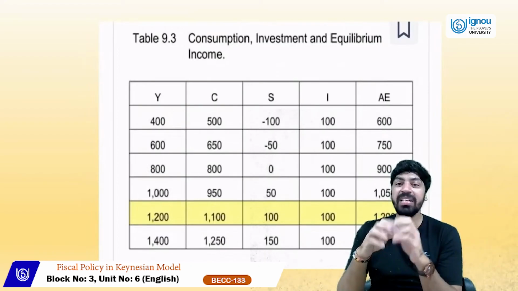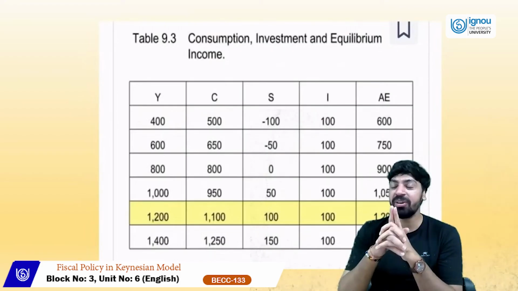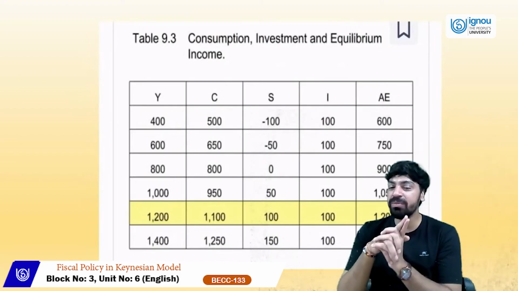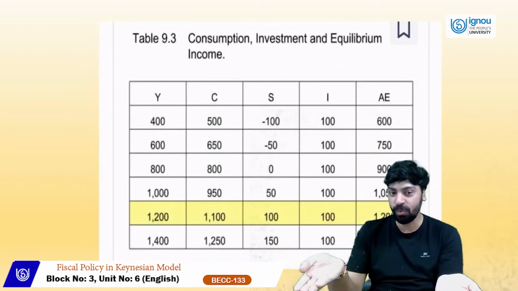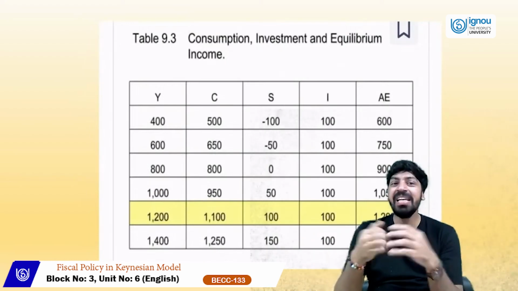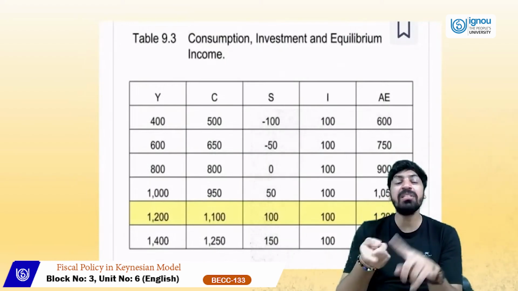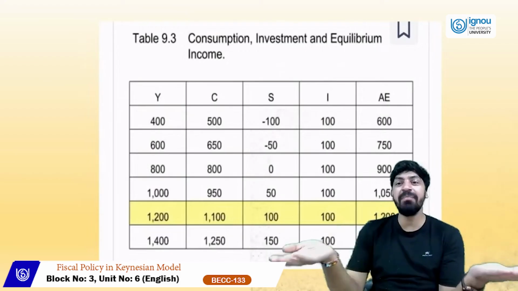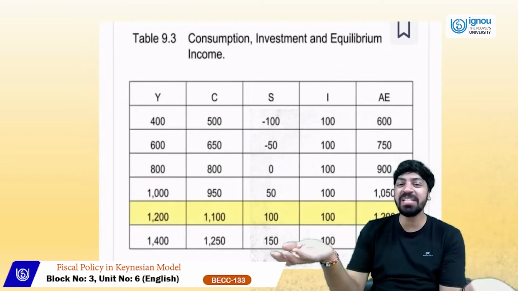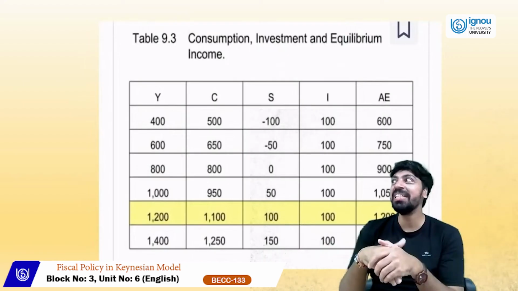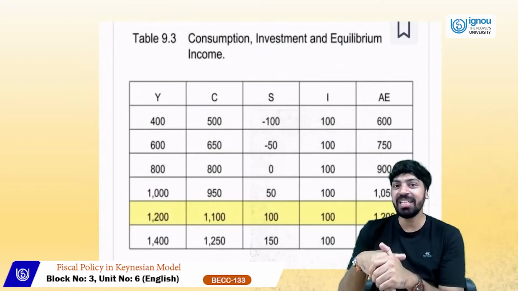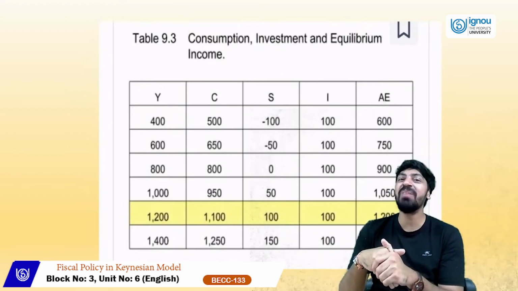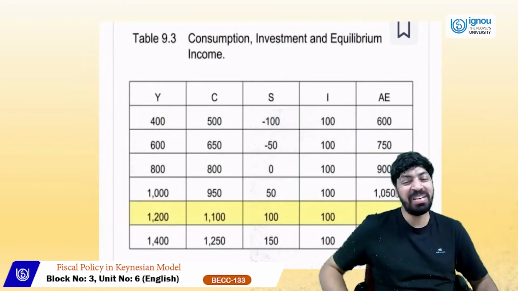The equilibrium level is where aggregate expenditure equals C plus I, and aggregate expenditure is also equal to income, that is 1200 equals 1200. So the equilibrium point has been achieved using this tabular representation of consumption, investment and equilibrium level.